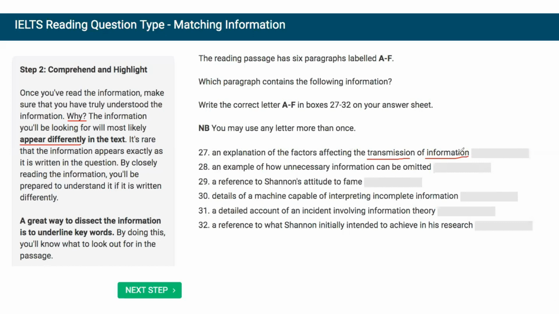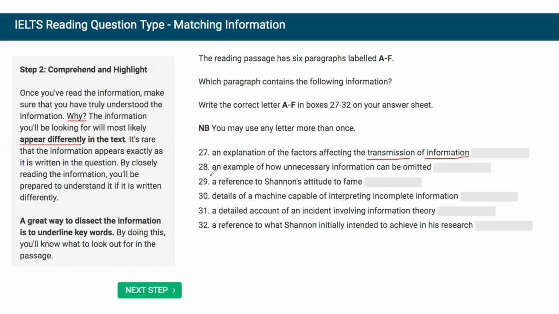I wouldn't necessarily think of a synonym for information because that's quite general and that's included in almost every piece of information, but think of synonyms for transmission. A synonym, for example, for transmission could be transfer. And you don't have to think of a ton. You don't have to think of 5 or 6 different synonyms, but just keep in mind that there are other ways to say these words. So we'll think of transfer, for example, for number 27.